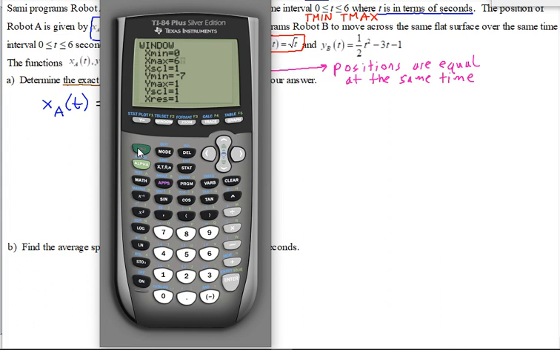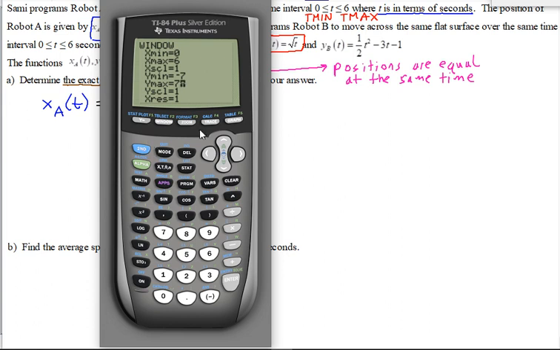And then go to second calc, number 2, 0. And it looks like I need to make my y max a little bigger so I can see where they intersect. Let's go to window here. I'll just make this 7.